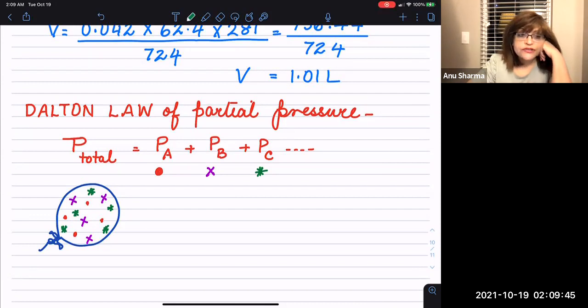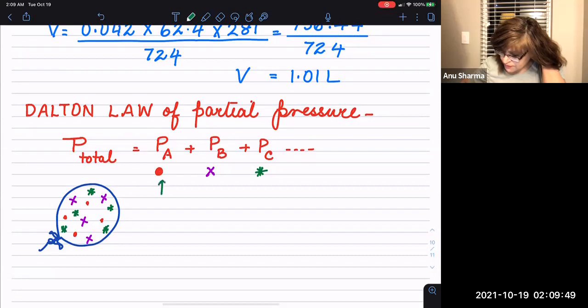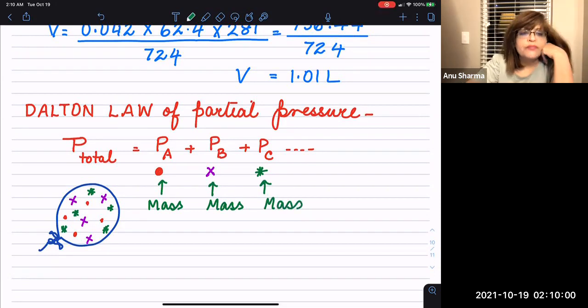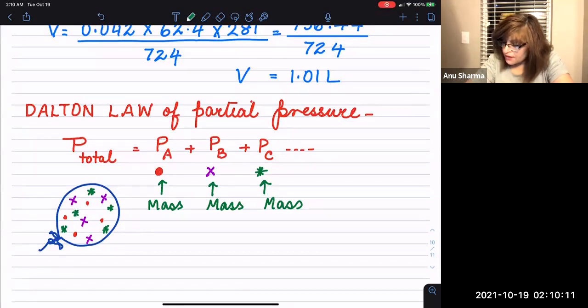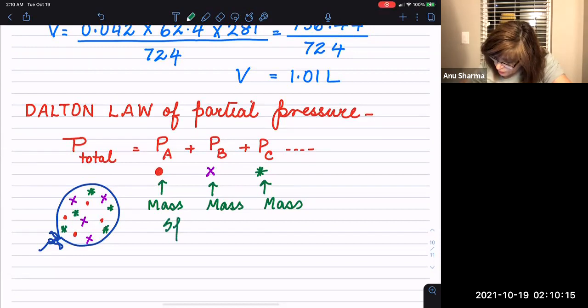Each of these gases has a mass. That mass is going to make these gases apply that force, and it's also going to affect the speed with which they hit the walls.